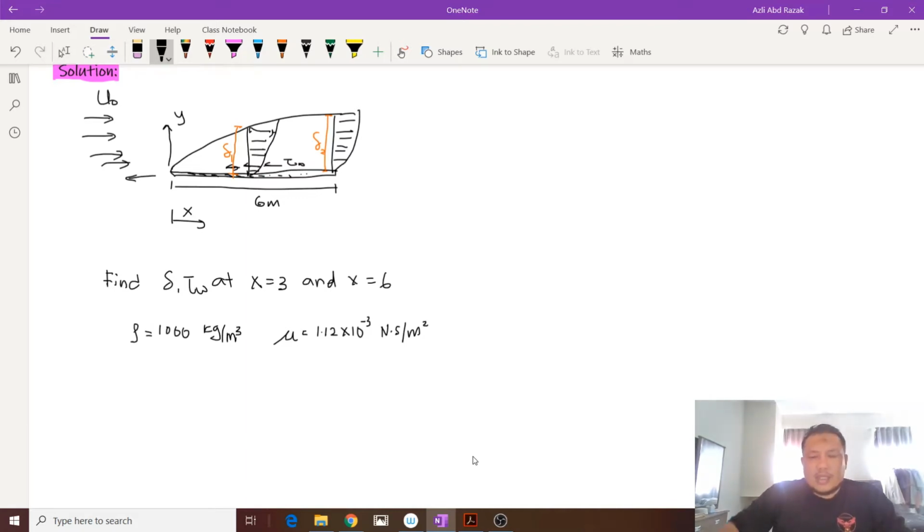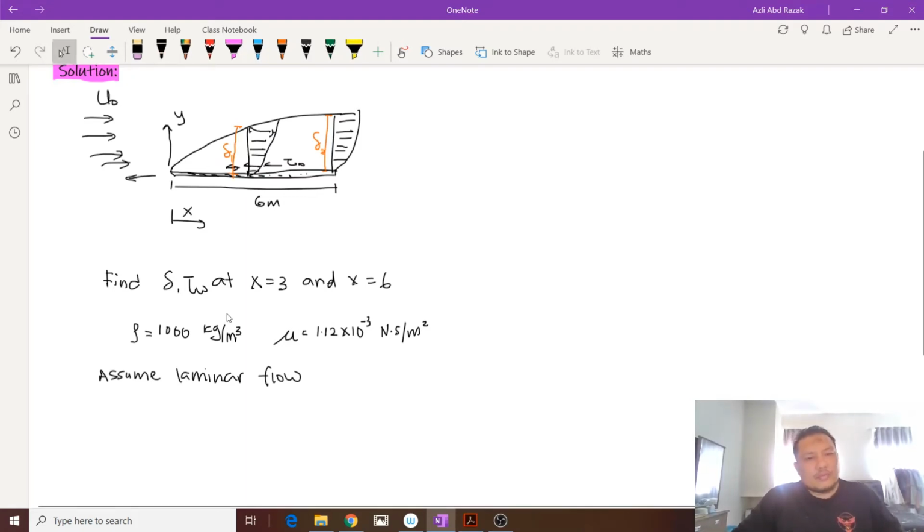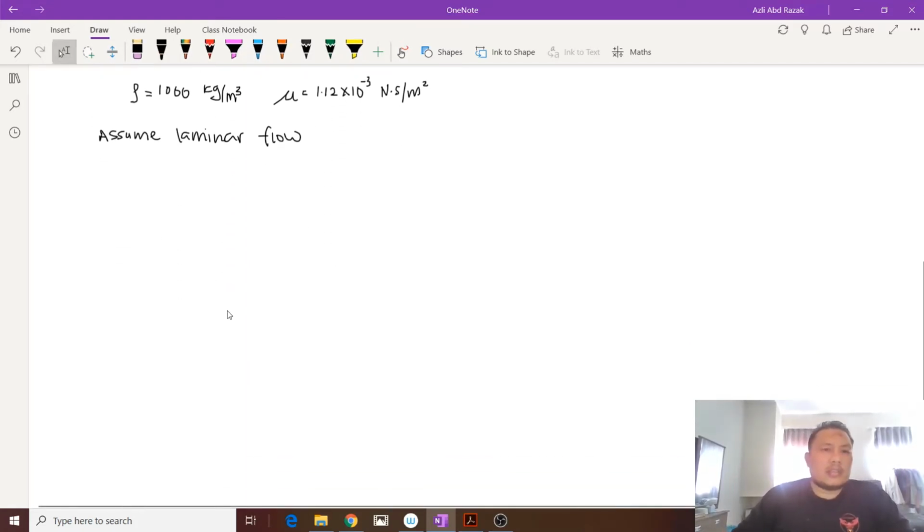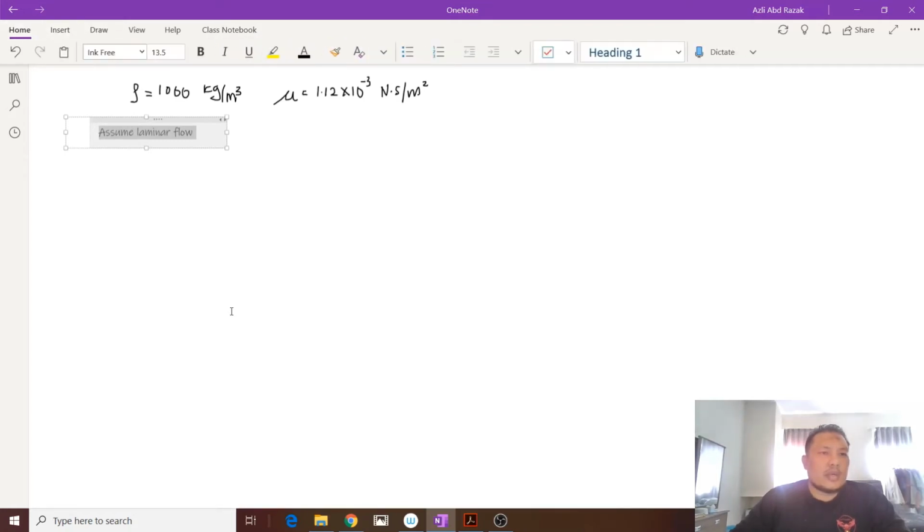We assume that this is a laminar flow. From this laminar flow, the boundary layer assumption that I choose here is the exact solution which comes from Blasius.